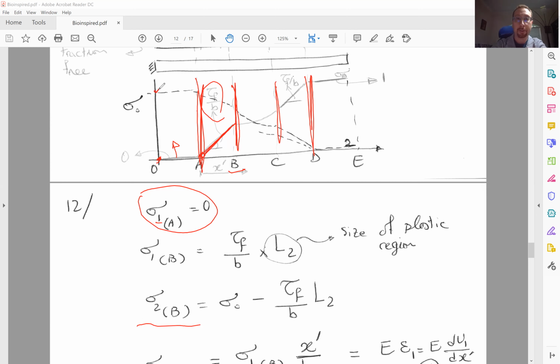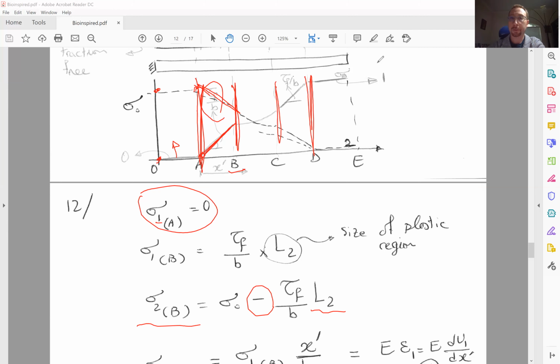Basically, here is sigma 0, here is sigma 0, and it goes down linearly as tau F over B. I have to multiply it by L, and the negative sign is because it goes down.